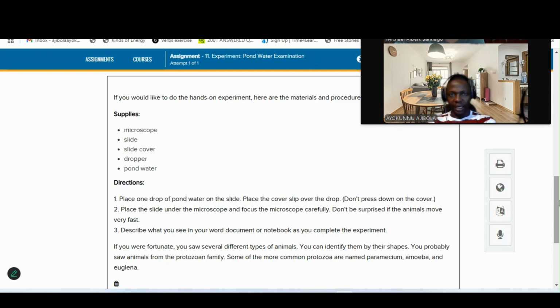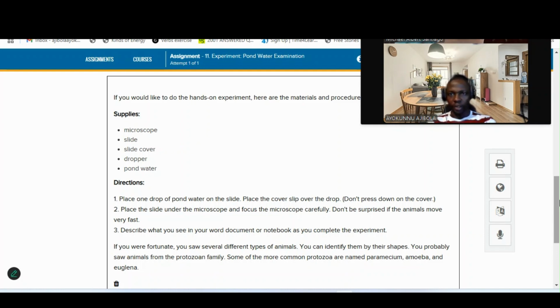Don't press down on the cover. Then place the slide under the microscope and focus the microscope carefully. Don't be surprised if the animals move very fast. Describe what you see in your Word document or notebook as you complete the experiment.